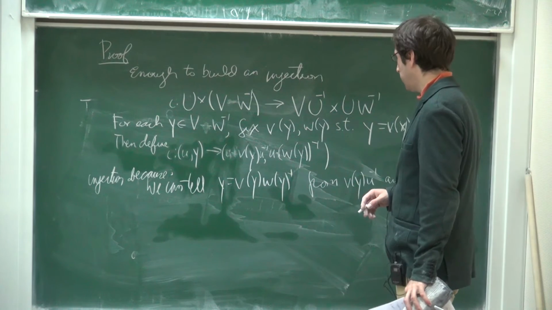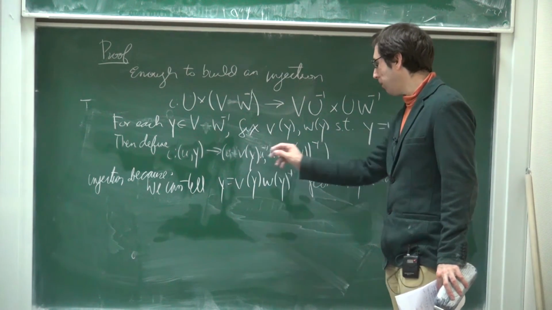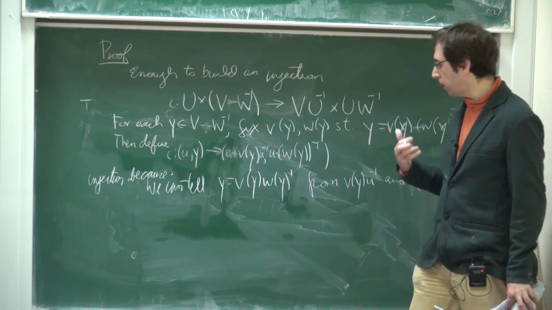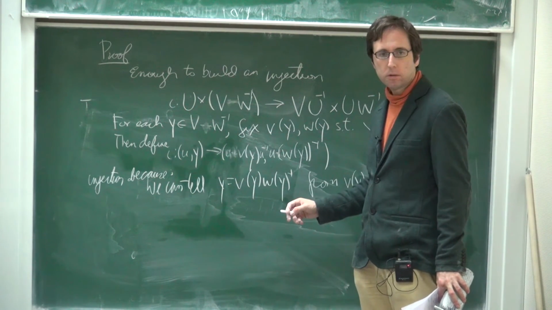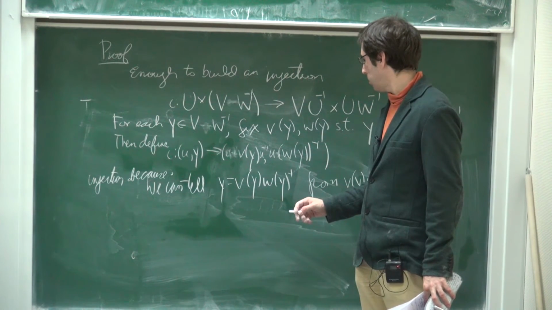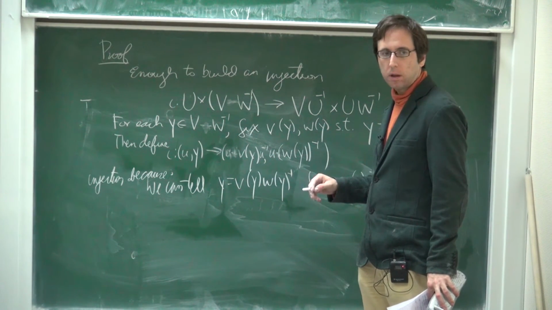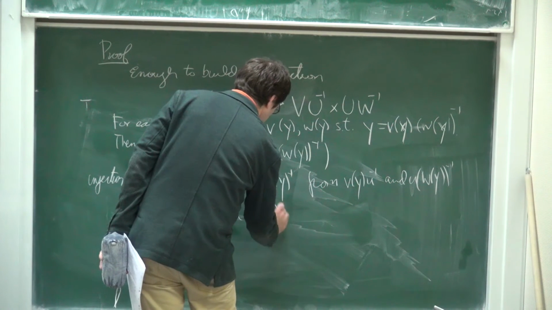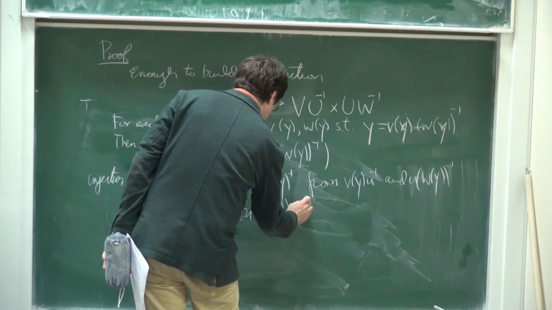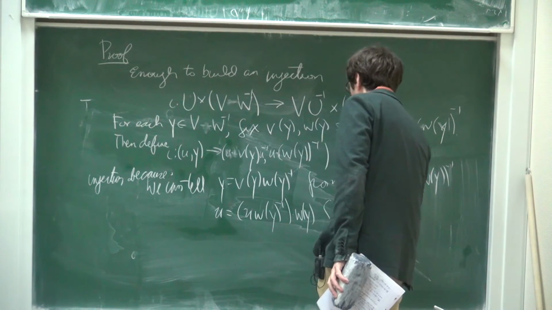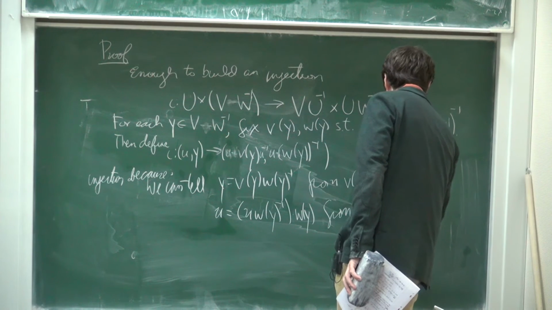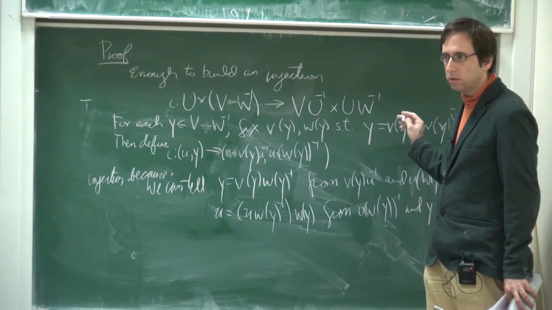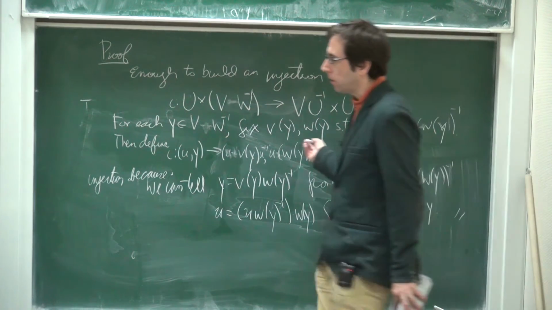And now that you have y, you are allowed to work with this, with that, and with y. How do you recover u? Again, you can multiply. You can tell u, which is u w of y inverse times w of y, from u w of y inverse and y. So this is an invertible transformation, and hence it is an injection. And so you have the inequality.